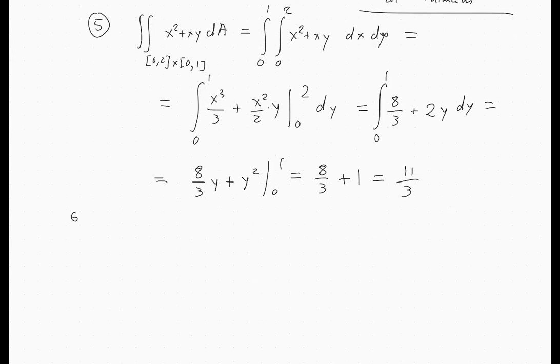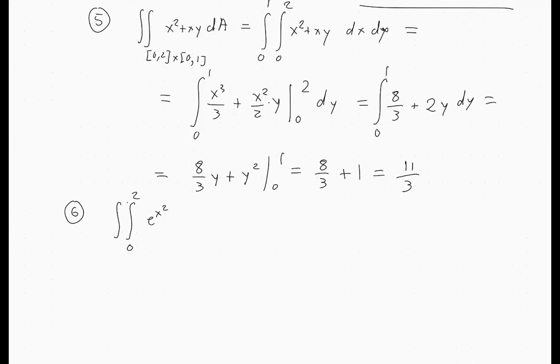We would like to compute the integral from 0 to 2 of e to the x squared dx, and then dy, and that should go from 0 to 4.